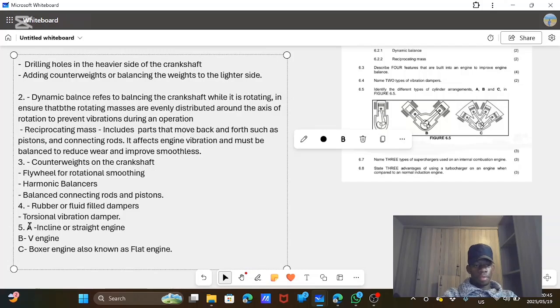And we have number six. Number six, name two types of superchargers used in internal combustion engines.